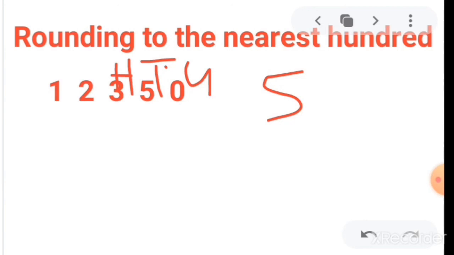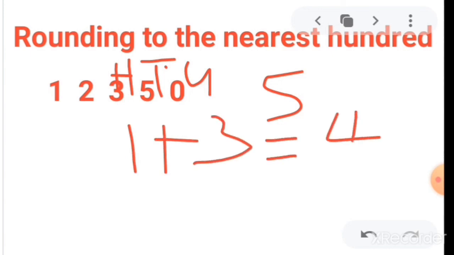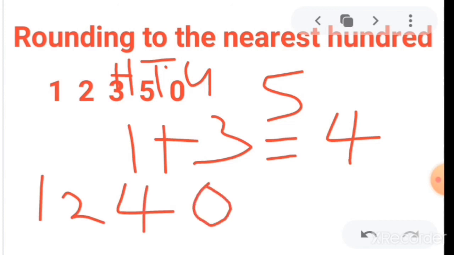Now because it is 5, we change it to 1 and add it to 3 and it becomes 4. So in the 100 position, we replace 3 with 4, so we have 1, 2, 4, and we replace the other numbers after it with zeros. So 12,350 becomes 12,400. We have rounded up.